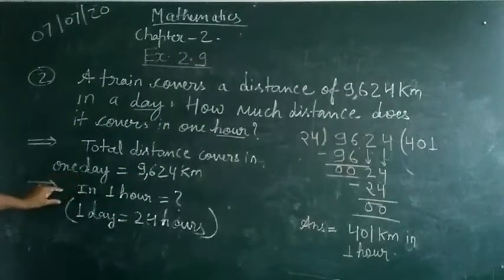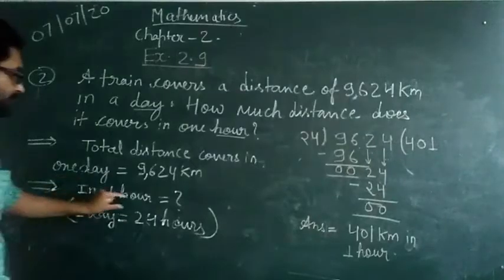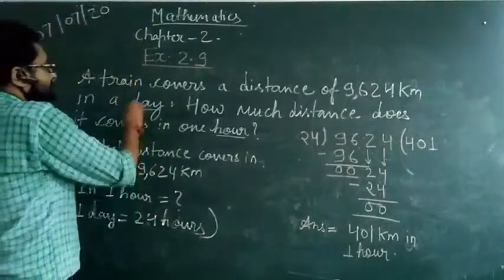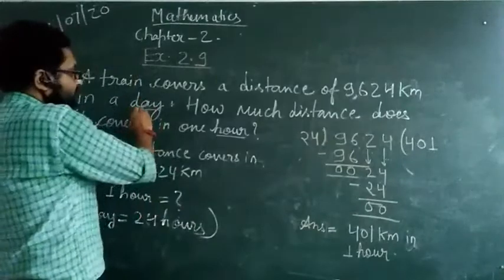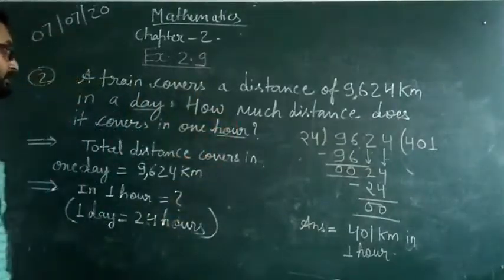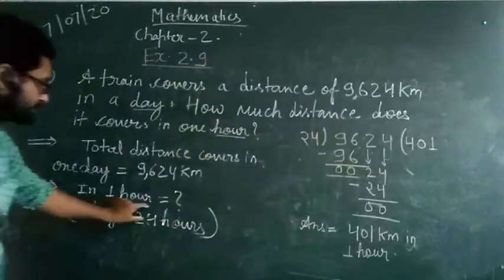To find that, first of all we will convert the day into hours. We have to convert the bigger unit into the smaller unit: 1 day equals 24 hours.